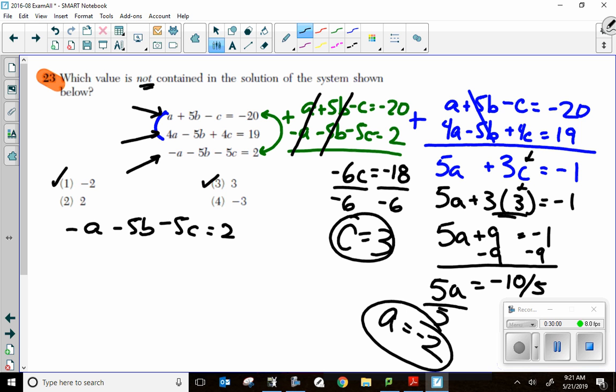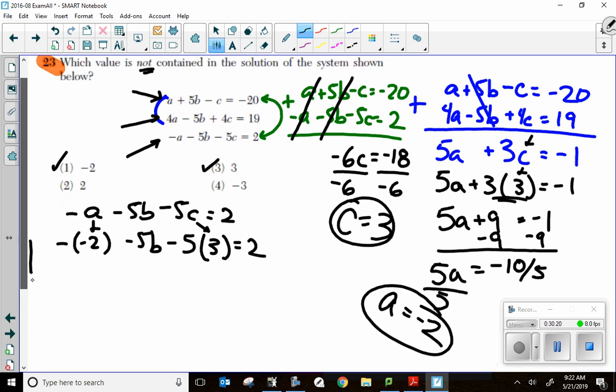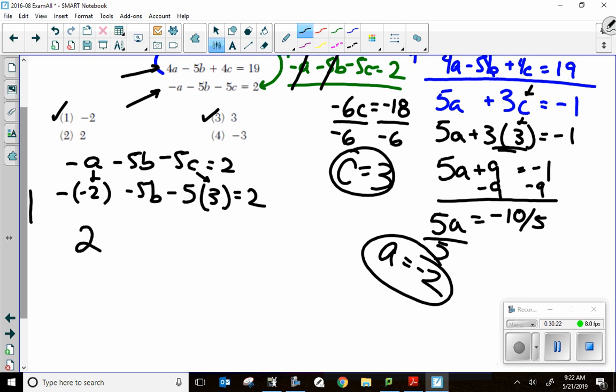Wherever you plug in A and C in either equation, your B will come out to be the same. All right, so A is -2, so I negate a -2 for my A. Minus 5B minus 5 times C, which is 3, should equal 2. Yep, so we have a +2 when I negate a negative, minus 5B minus 15 equals 2.